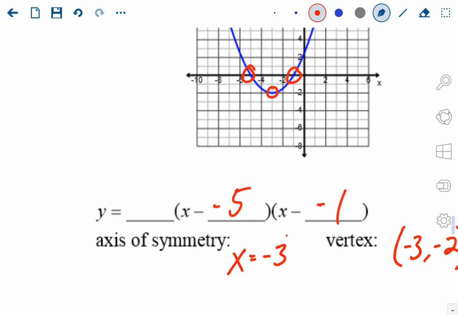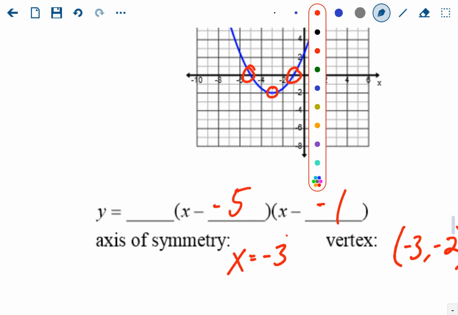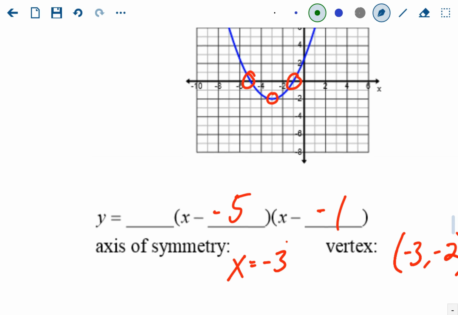We know the axis of symmetry formula, so we could use that to find a. The axis of symmetry formula is that the axis of symmetry is equal to -b over 2a. Oh, but I guess we don't know b. Okay.